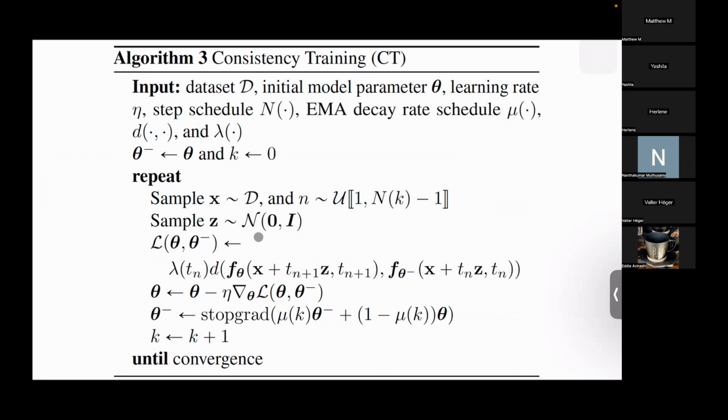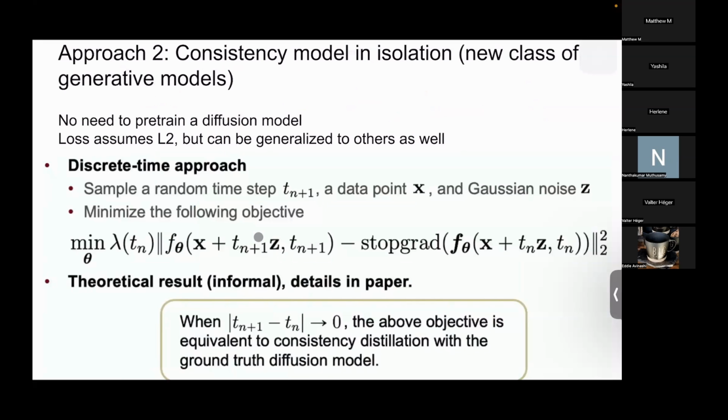Yeah, so the key thing to understand about if you're not using a pre-trained diffusion model is that you take 2 consecutive time steps, just like we said before. You start with the t_n or whatever, and you add a little bit of noise to it to get to t_{n+1}.